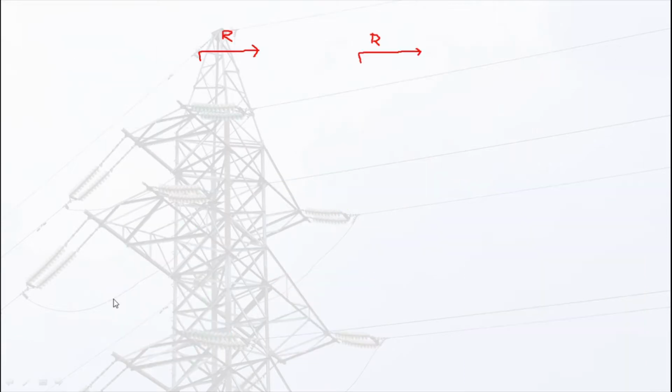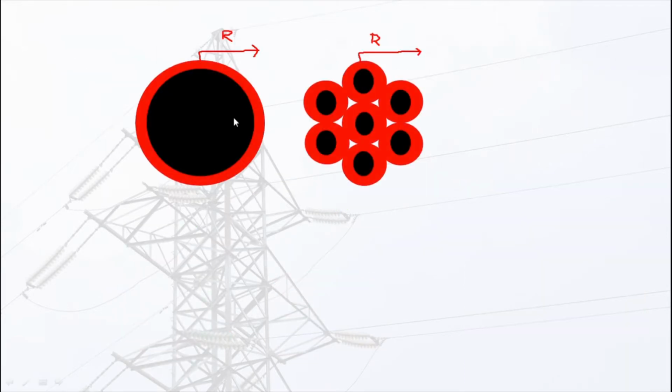And see this stranded conductor. In this stranded conductor there are many small conductors in effective radius r, and the radius of each of these small conductors is small. Now this effective radius of the stranded conductor is equal to the total radius of this solid conductor.